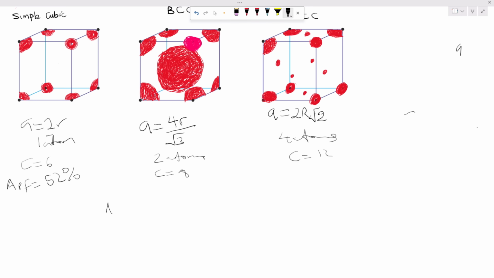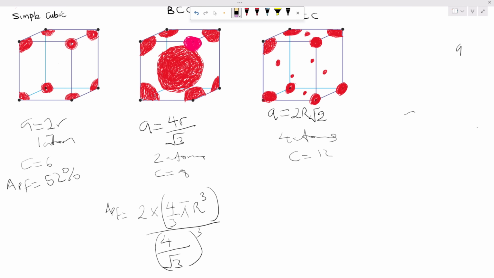We say APF is equal to number of atoms, which is 2, times 4 over 3 pi r cube over our a, which is 4r over root 3, raised to power 3.